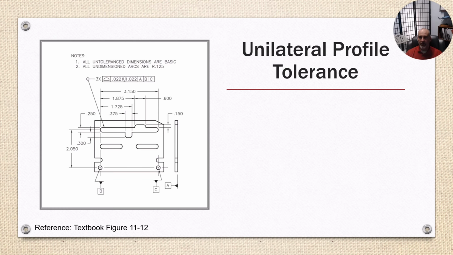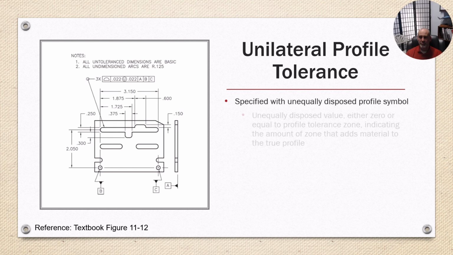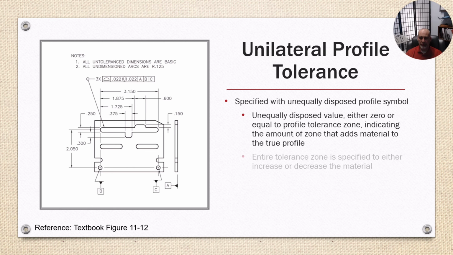Okay, unilateral profile tolerance. It specifies when an unequally disposed profile symbol, the unequally disposed value, is either 0 or equal to the profile tolerance zone, indicating the amount of zone that adds material to the true profile.